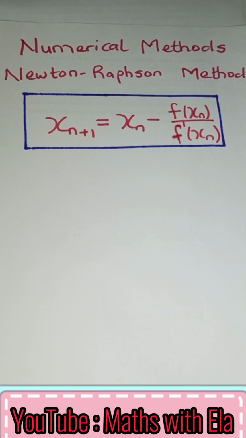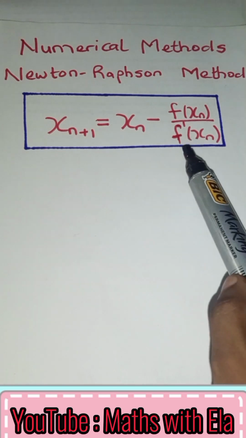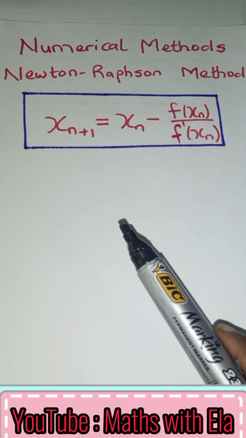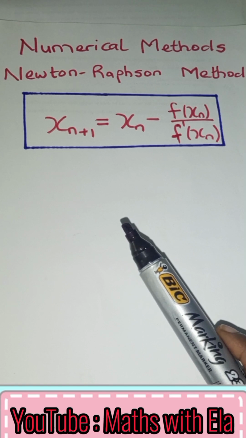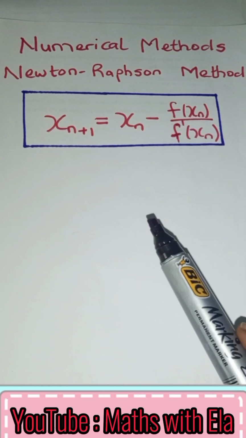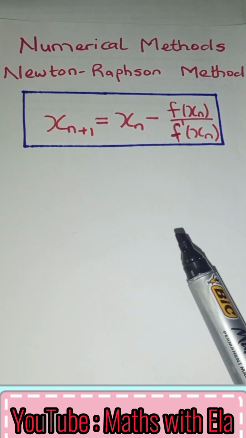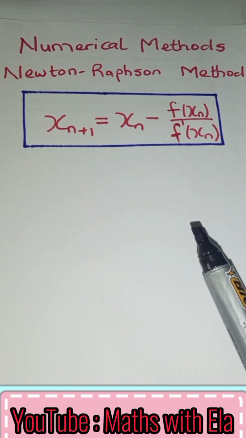Going by this formula, you need a good mastery of differentiation, because whatever function you're given, you have to find its first derivative, f prime. You should also be able to evaluate a function at a point, because you're going to evaluate f at the point xn and f prime at the point xn.